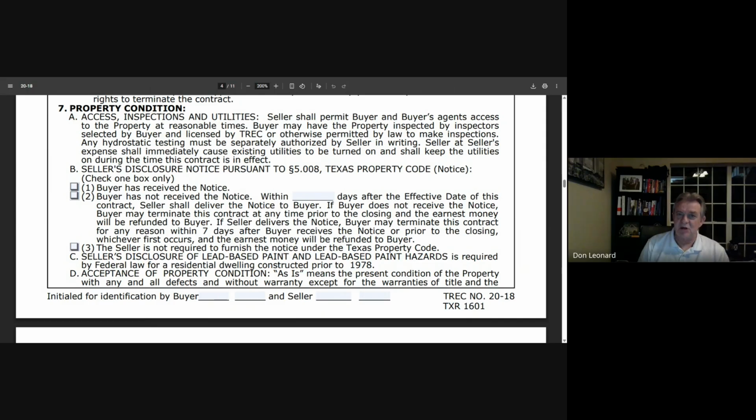And the seller disclosure is not a guarantee. It is not saying, as the seller, I guarantee this is the condition of my property. It is the seller saying, to the best of my knowledge, this is the condition of my property. And so that gives the seller the ability to say that they are not aware in a lot of cases.